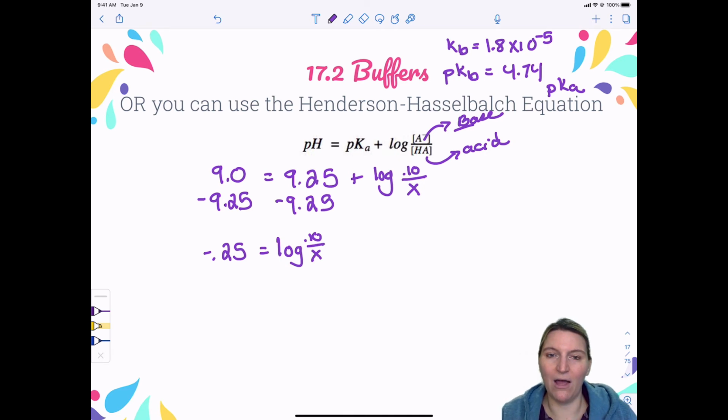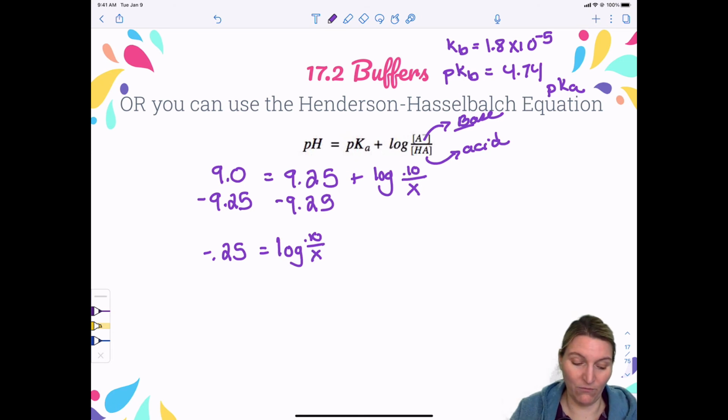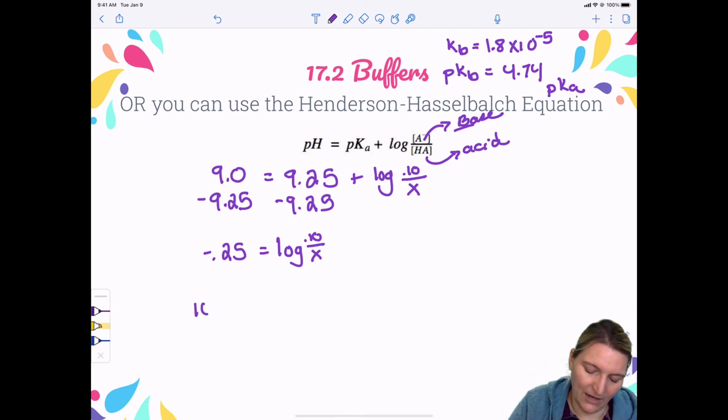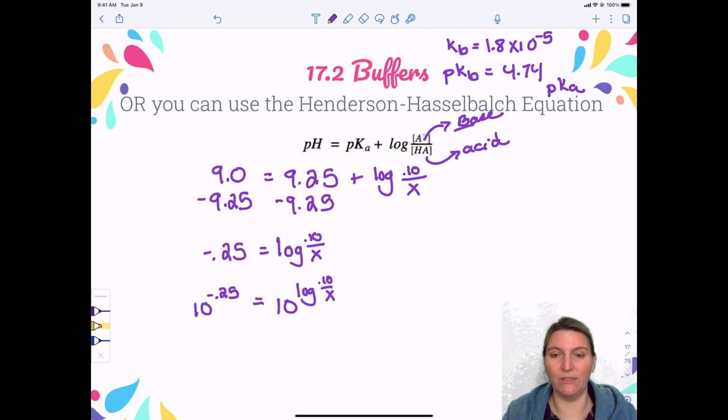And how you can think about it is taking 10 to both sides, or just taking this from log form into exponent form. How I did that is I do 10 to the negative 0.25 equals 10 to the log of 0.10 over x.